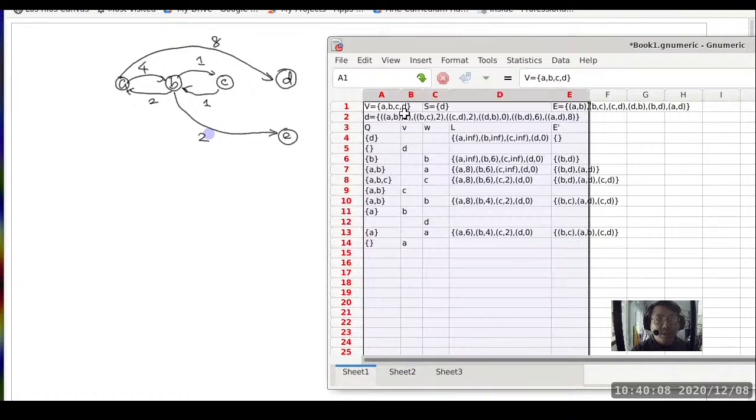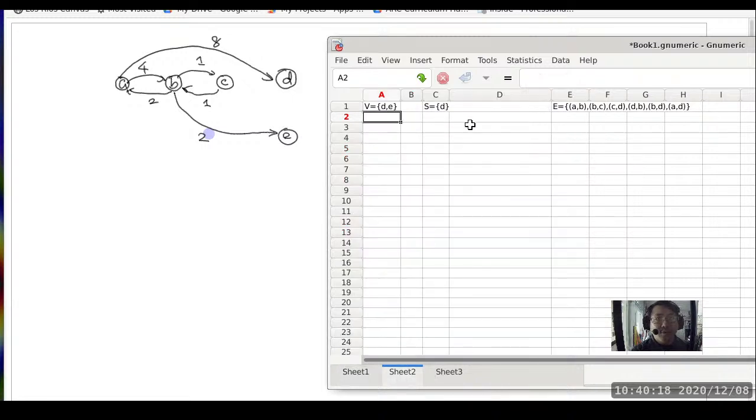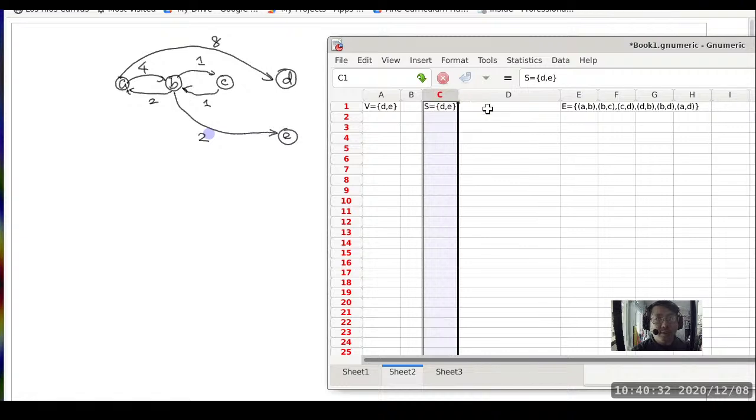Column B is not used because we only need it when we get to V and W. So we also need to initialize L, which is column D. Let me just get rid of this. This is fine, it's just the initialization, but the set S has both D and E in it in this case because we have two elements in the set of destination vertices.